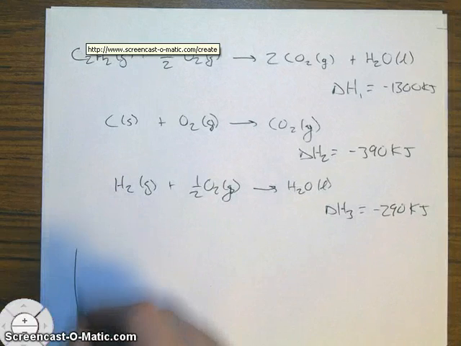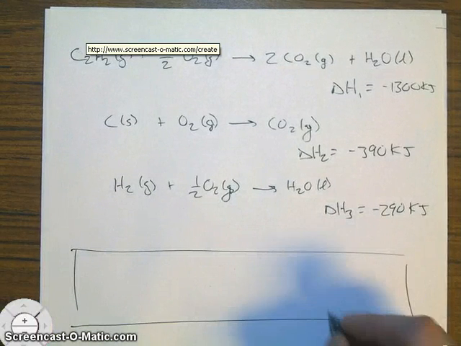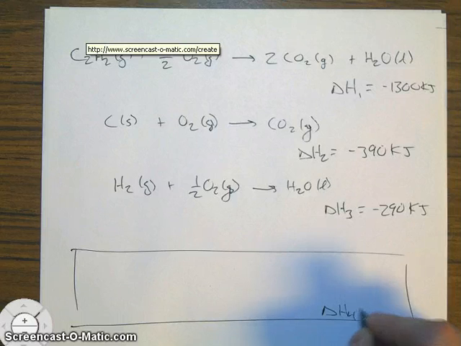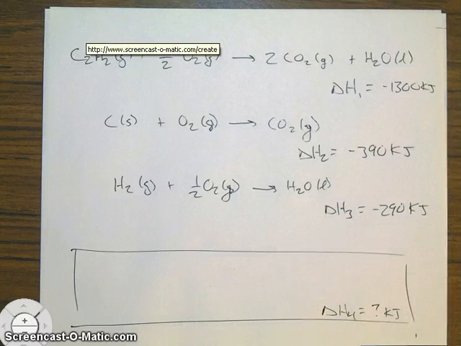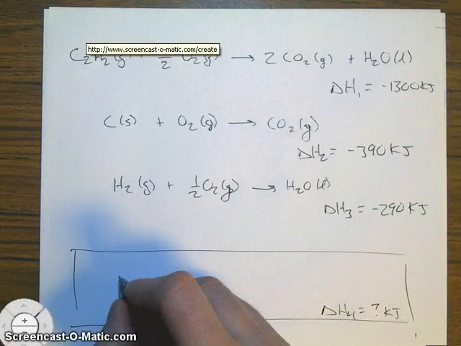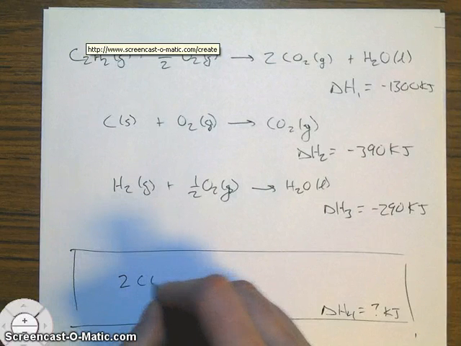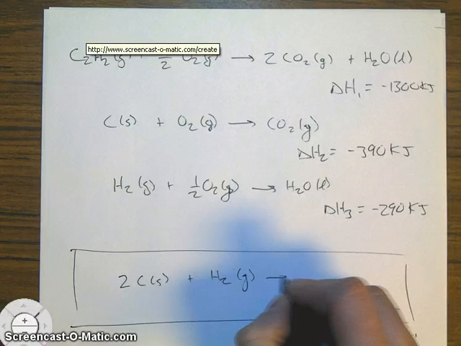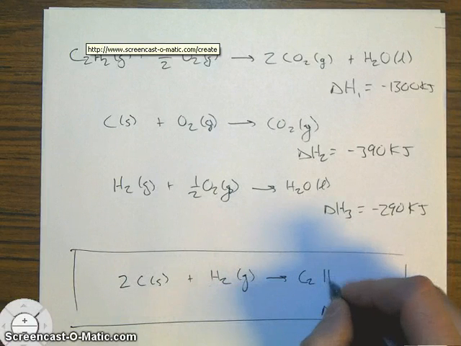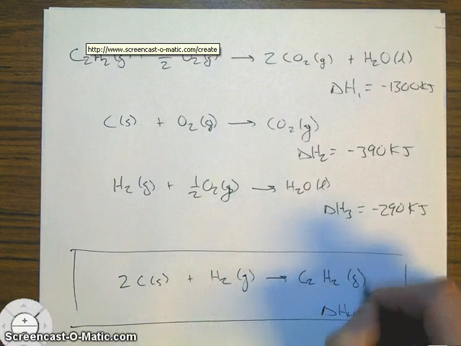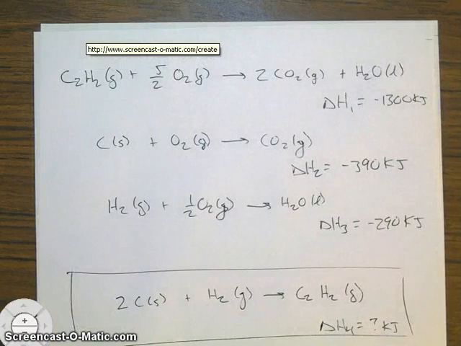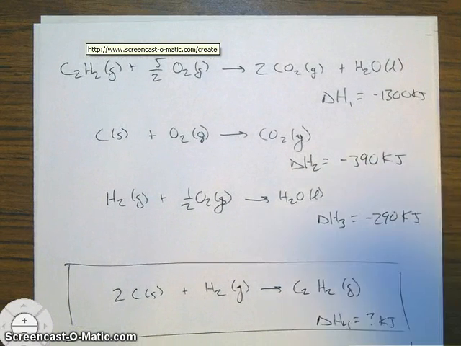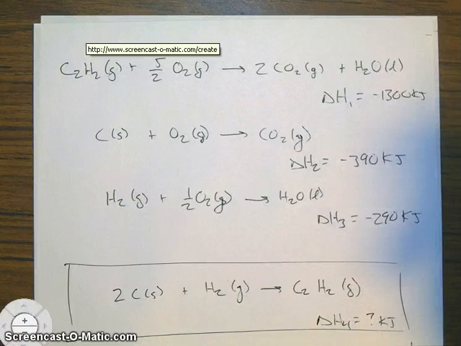I'm going to put a box below it because what we want to do is figure out delta H4 in kilojoules for this reaction. And the reaction we want to figure it for is 2 carbon solid plus hydrogen gas producing C2H2 gas. All right, when I look at this, I'm going, all right, wow, this is a lot to wrap my head around.